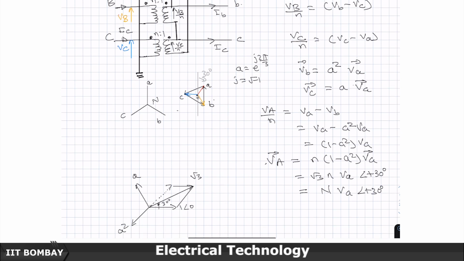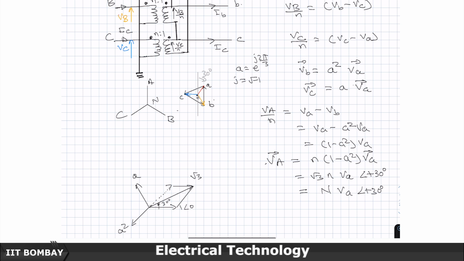So this is what we have achieved here. This is VA to N. Rotate it in the anti-clockwise direction by 30 degree in this direction, and then you get V capital A to N. So I have to just mark this as this.